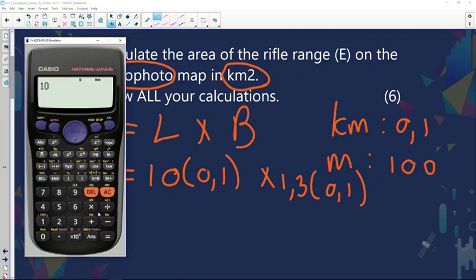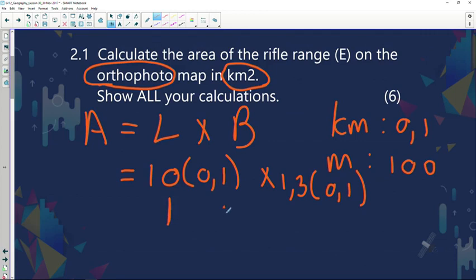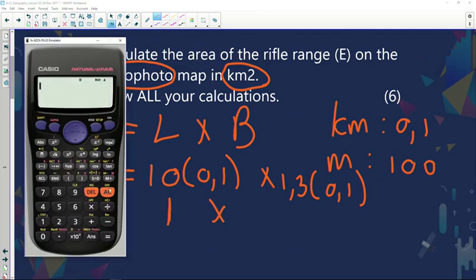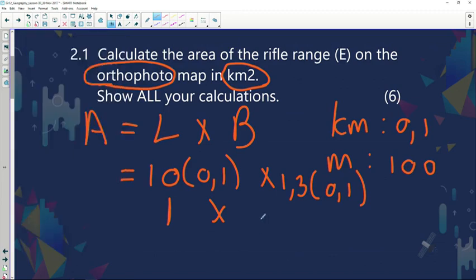It's 10 times 0.1. That equals 1 times 1.3 centimeters times 0,1, and that gives us 0,13.